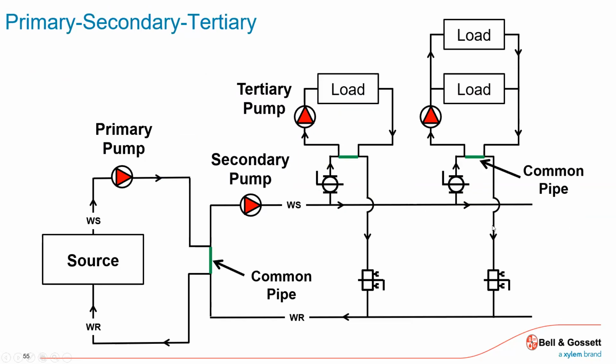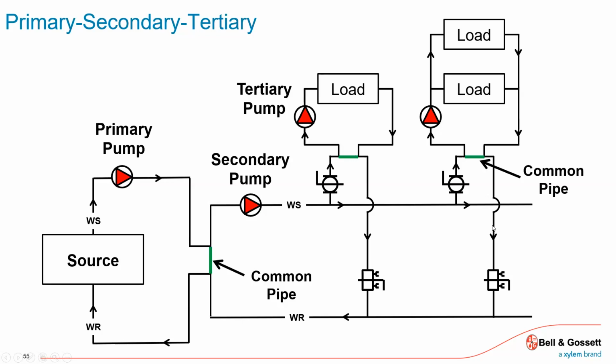You'll hear the expression primary, secondary, tertiary. And what that's leading to is, again, don't get into the argument of is that primary, is that secondary. This is my production, chilled water or hot water, primary, they're calling it. I have my secondary, which is my distribution out to the campus.